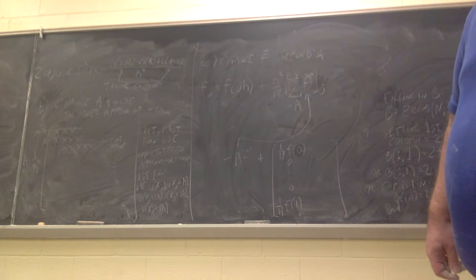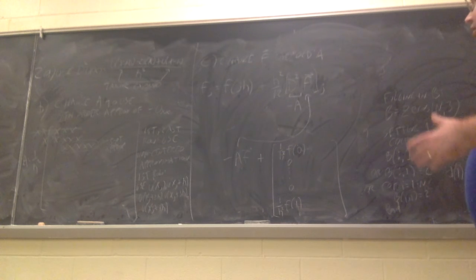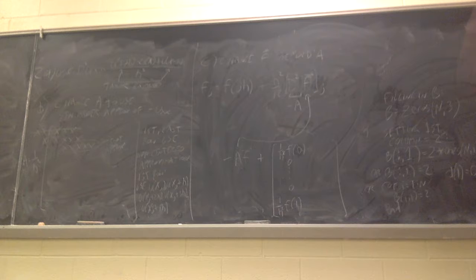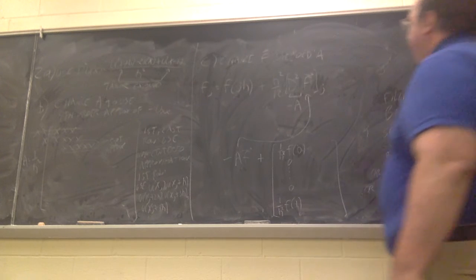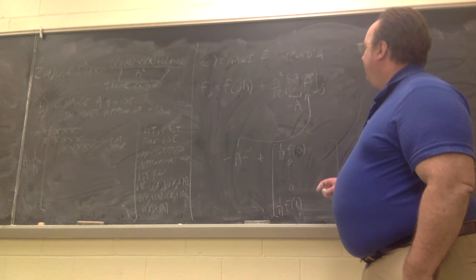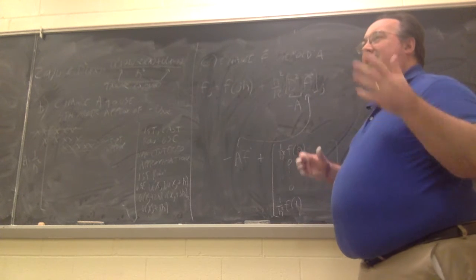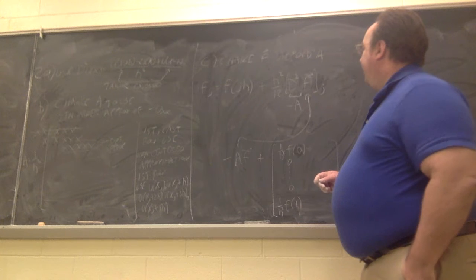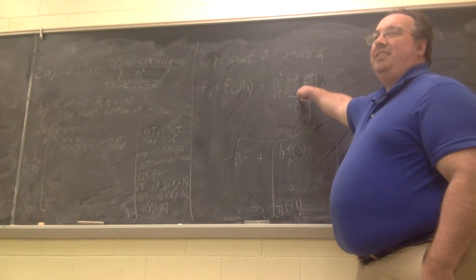Now, what's going on here is in part A, when you do a Taylor expansion and you find out what the error is, depending on what you put on the left side or the right side, this is the error term you get.